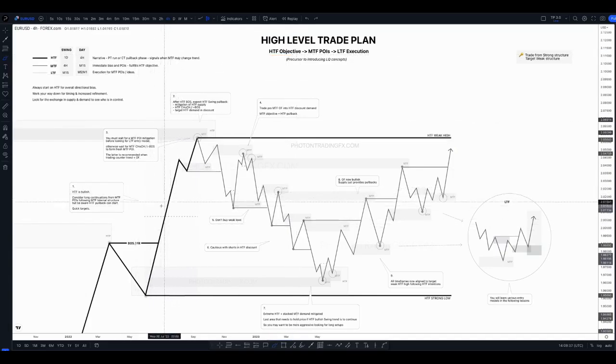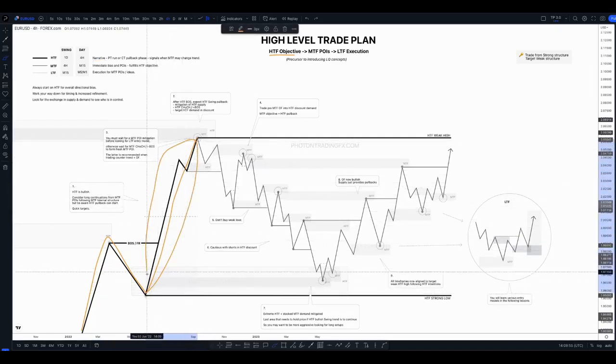So if you think about this big thick black line here, right? I'm just going to keep saying the higher time frame because it can be any time frame you want to use. But when we have a big bullish higher time frame trend, think about it that way. When I say you want to know what the objective is and what the narrative is, it simply means, are we currently in the pro trend run phase? Are we currently in that pro trend leg?